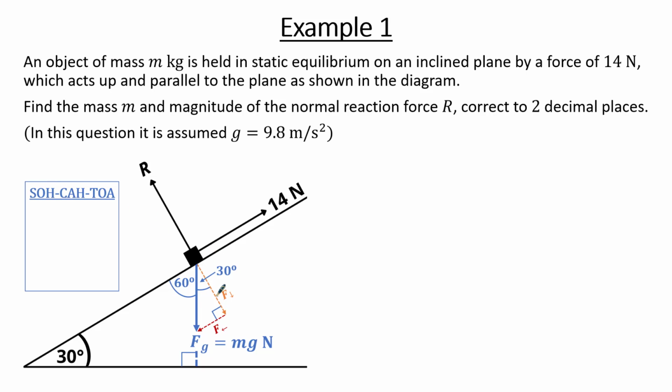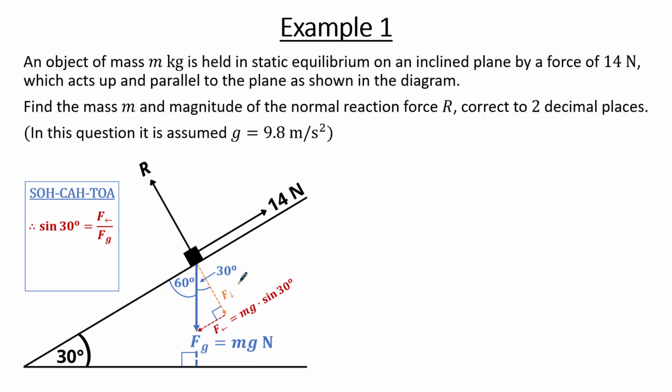And in this force triangle, sine of 30 then equals the opposite, which is this parallel component of the force due to gravity, divided by the hypotenuse, which is the force due to gravity. So we have sine 30 equals the parallel component divided by the force due to gravity, and since the force due to gravity equals mg, we can rearrange to show that the parallel component equals mg multiplied by sine 30.